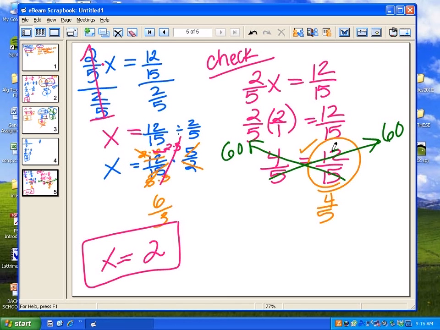What do you get if you divide 4 by 5? 5 goes into 4 0 times. 0.8. So 4/5 is really 0.8. What's 12/15? 0.8. If you were to do the division, it would come out as 0.8. So another way to compare fractions is by taking them to their decimal form and doing the long division. Okay?